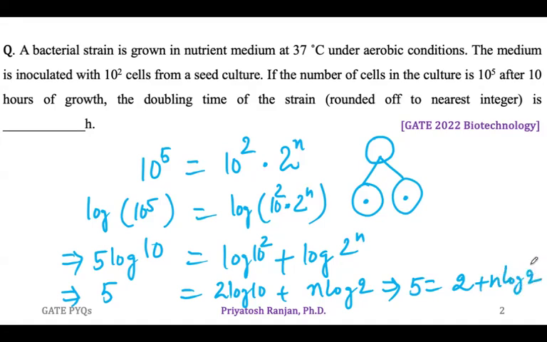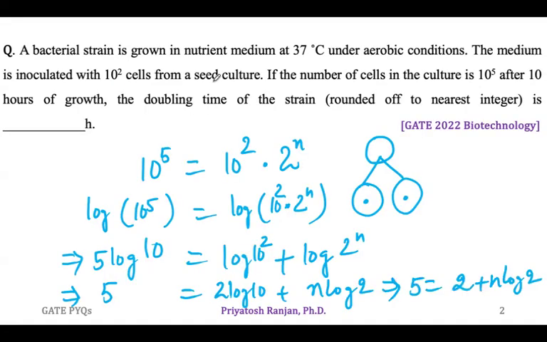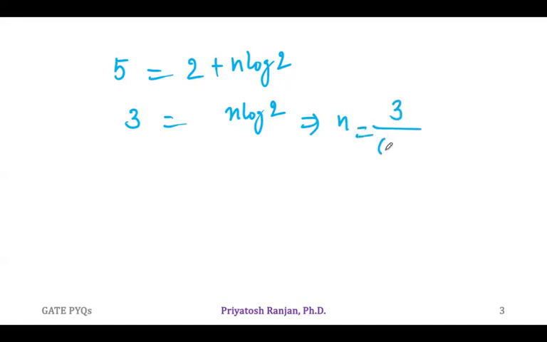So let's solve the value of n. 5 equal to 2 plus n log 2, or 3 equal to n log 2, or n equal to 3 by log 2, and the value of log 2 is 0.3010.